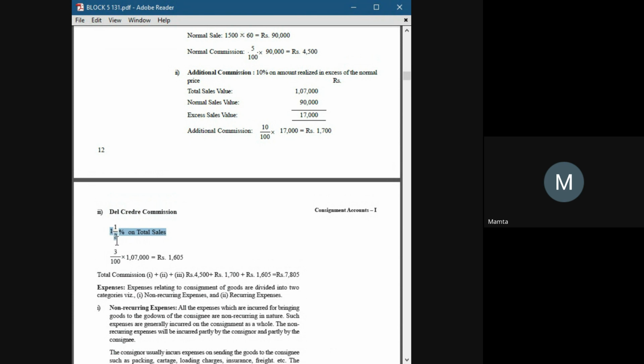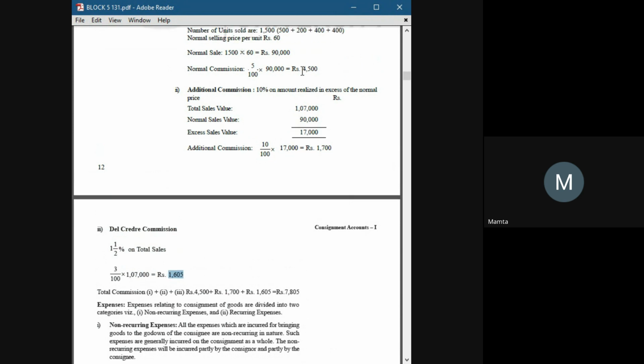So 1.5 means 3 by 200. And the total sales we have made is 1,07,000. The amount comes to 1,605. This amount we are providing to the agent for the guarantee.